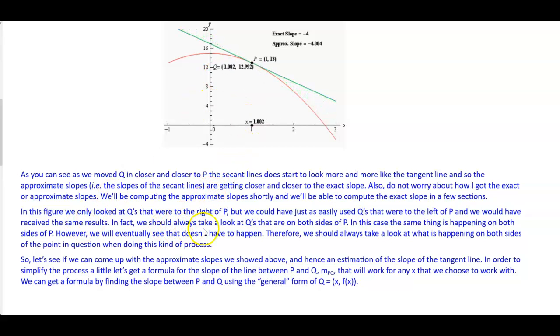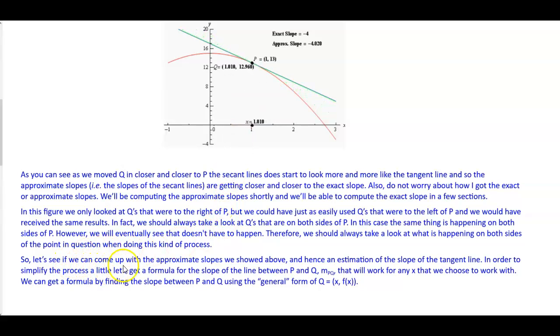In fact, we should always take a look at Q's that are on both sides of P. In this case, the same thing is happening on both sides of the point P. However, we will eventually see that that doesn't have to happen. Therefore, we should always take a look at what is happening on both sides of the point in question when doing this kind of process.